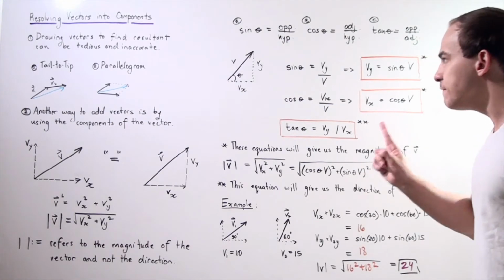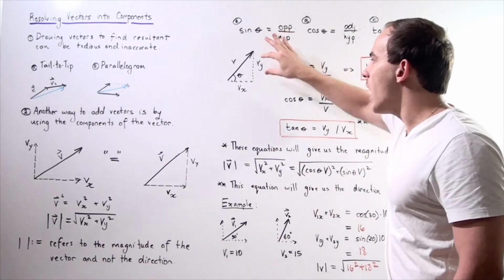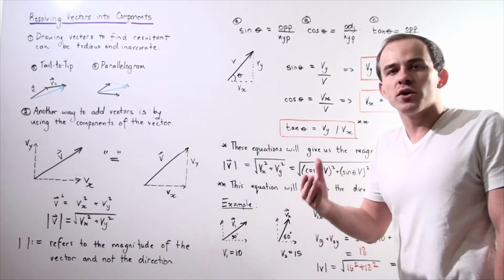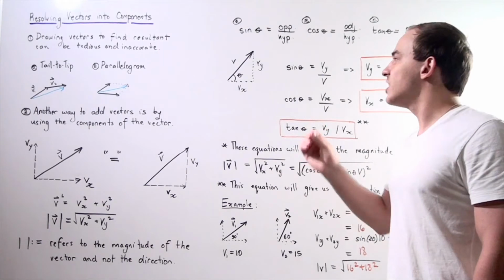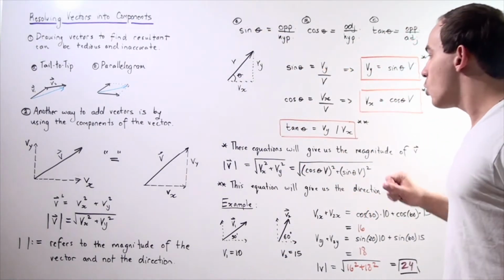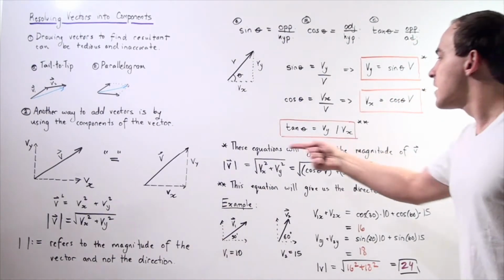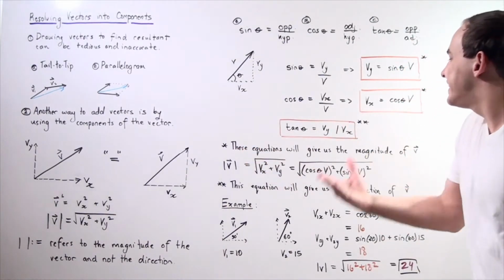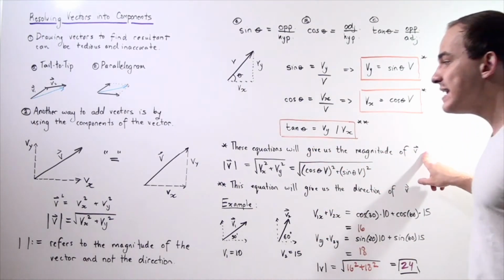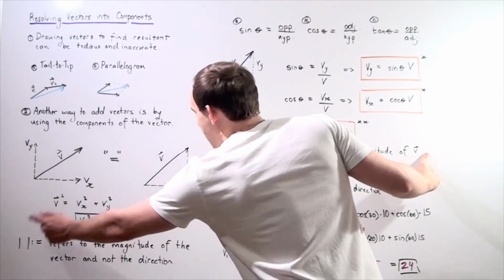In other words, if I know vx and vy, I can find my angle, which is the direction of this original vector. So these two formulas with the stars are equations that will give us the magnitude of the vector v, and it's given by the formula that we found earlier.